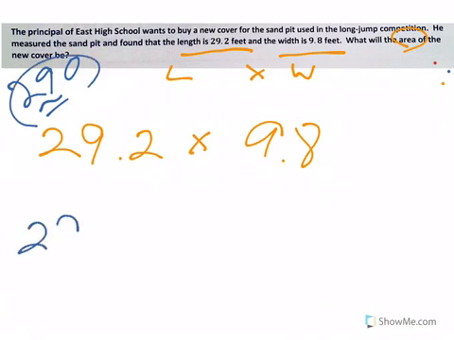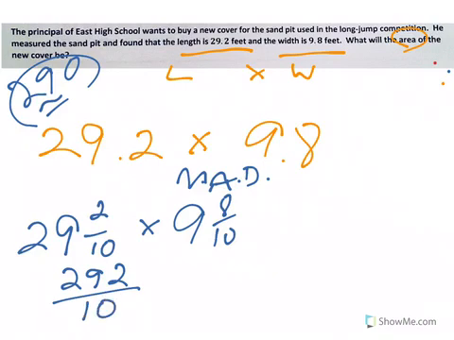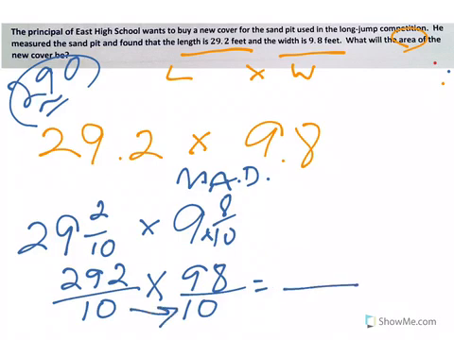So I'm going to look at this and say, okay, we've got 29 2/10 times 9 and 8/10. And we use our multiply, add, and denominator stays the same, so our MAD. 10 times 29 is 290, plus 2 is 292, denominator stays the same, times 10 times 9 is 90, plus 8 is 98, and the denominator stays the same. 10 times 10 is going to give us a new denominator of 100.